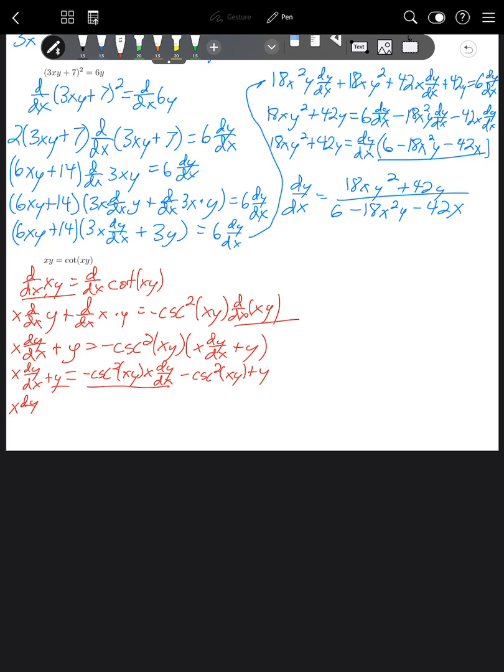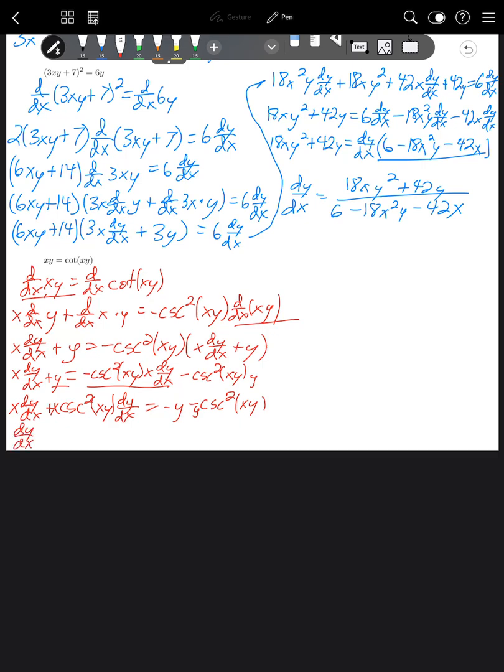So x dy/dx plus x cosecant squared xy dy/dx equals, sorry, I added a plus in there that shouldn't be there. This should just be times y. And then I'm subtracting y over here, so I get negative y minus y cosecant squared xy. And then we can factor out the dy/dx.